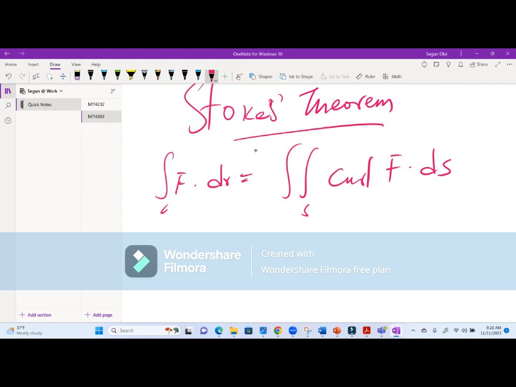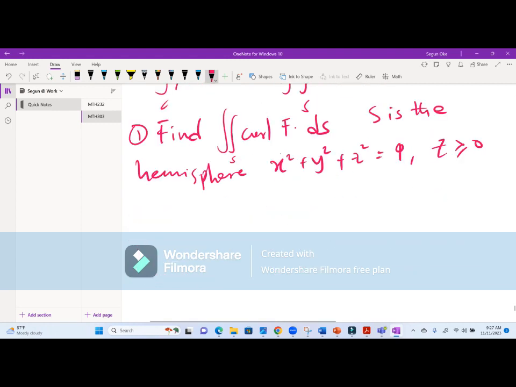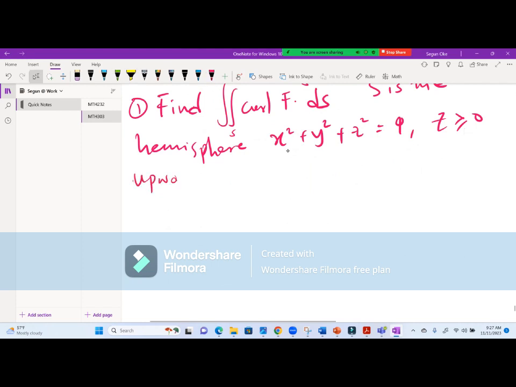The question says, find the curl of F dot dS, where S is the hemisphere x squared plus y squared plus z squared equals 9, and z is greater than or equal to 0, with upward orientation.